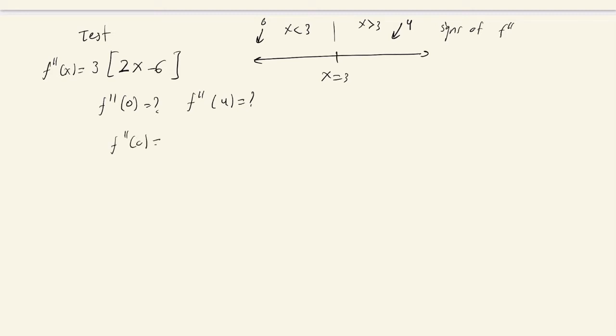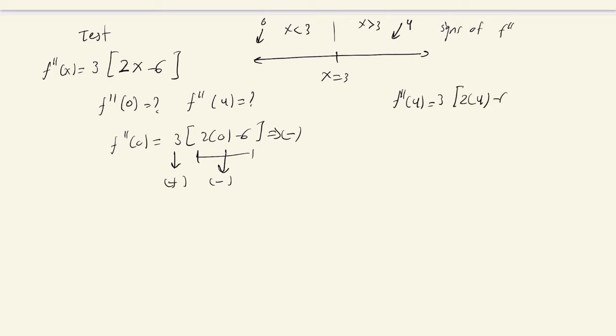So in the case of 0, this term is going to be negative and this term is positive, so negative multiplied by positive is negative. And in the case of 4, it's going to be 8 minus 6, which is a positive number, and positive multiplied by positive is positive.